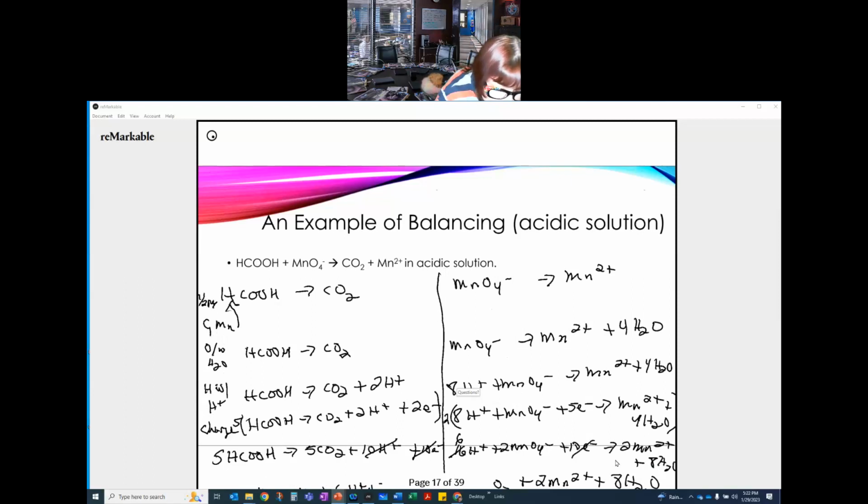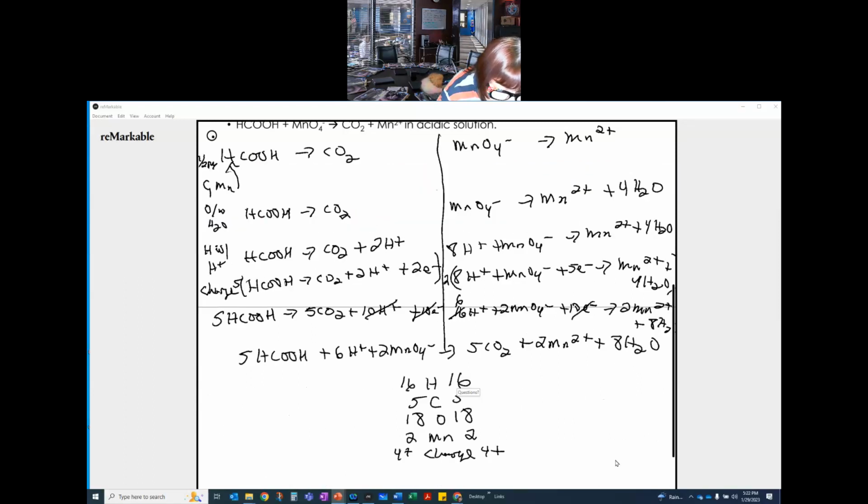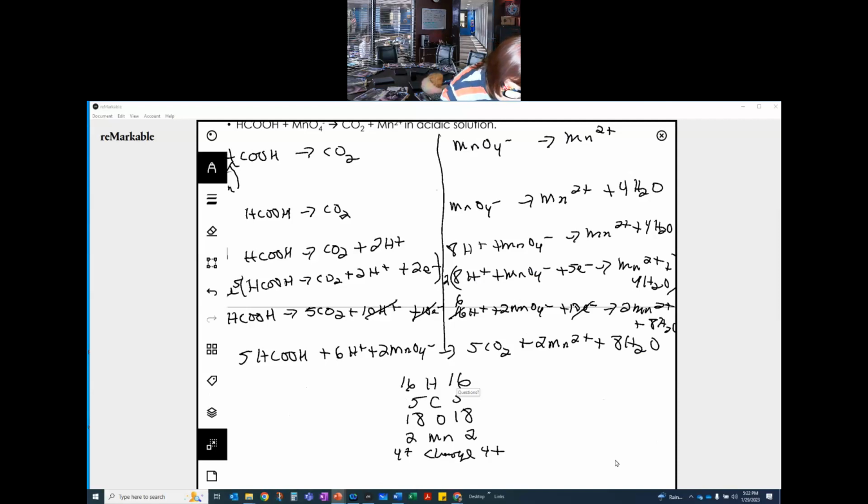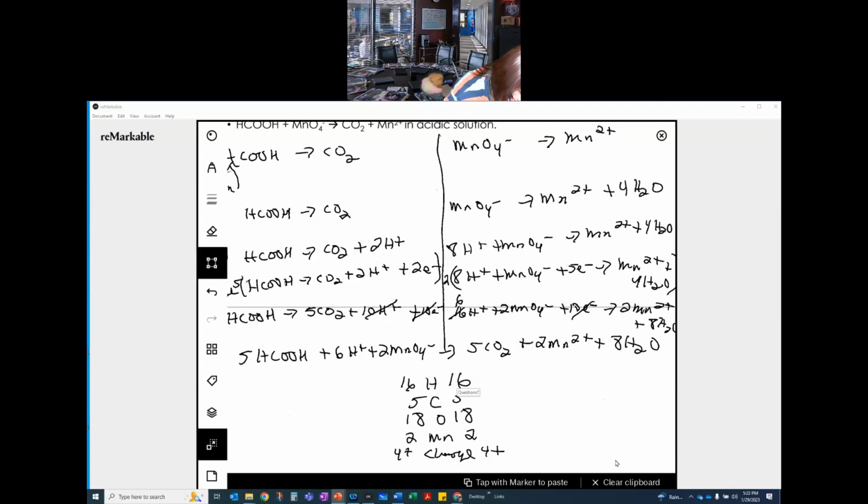I'm going to slide up a little bit so I can see that reaction, the whole thing. So the 8H plus MnO4 minus. I'm going to cheat. Copy that. It's messy, but I'm going to do it.